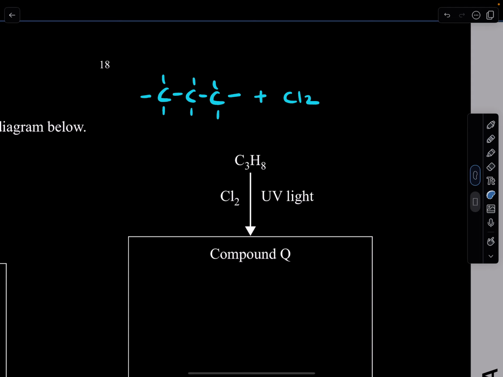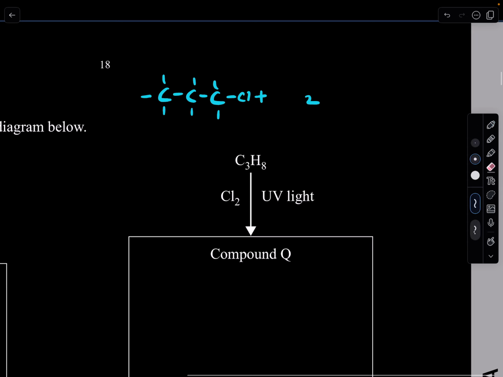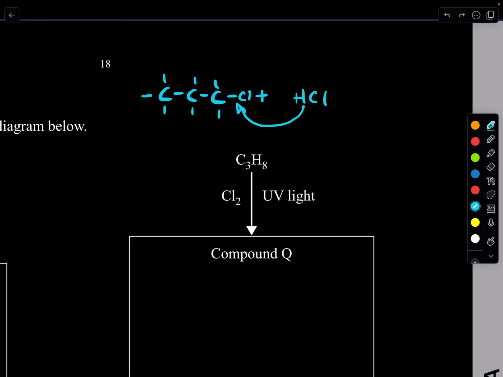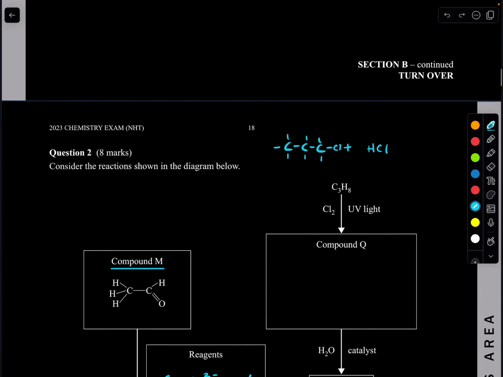We're actually just substituting one of the hydrogens with one of the chlorines. And so you'll be left with hydrochloric acid, HCl, after. So you just took one of the chlorines and switched it over with the hydrogen. So this is just a substitution, not an addition. Easy. So a substitution reaction.